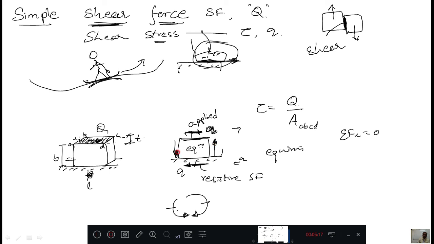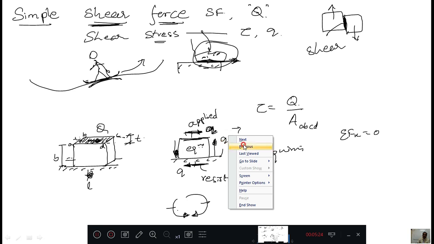Therefore, if the applied stress is q, then the resistance will be q. The other q that I wrote here is called the complementary shear, which we call q dash.